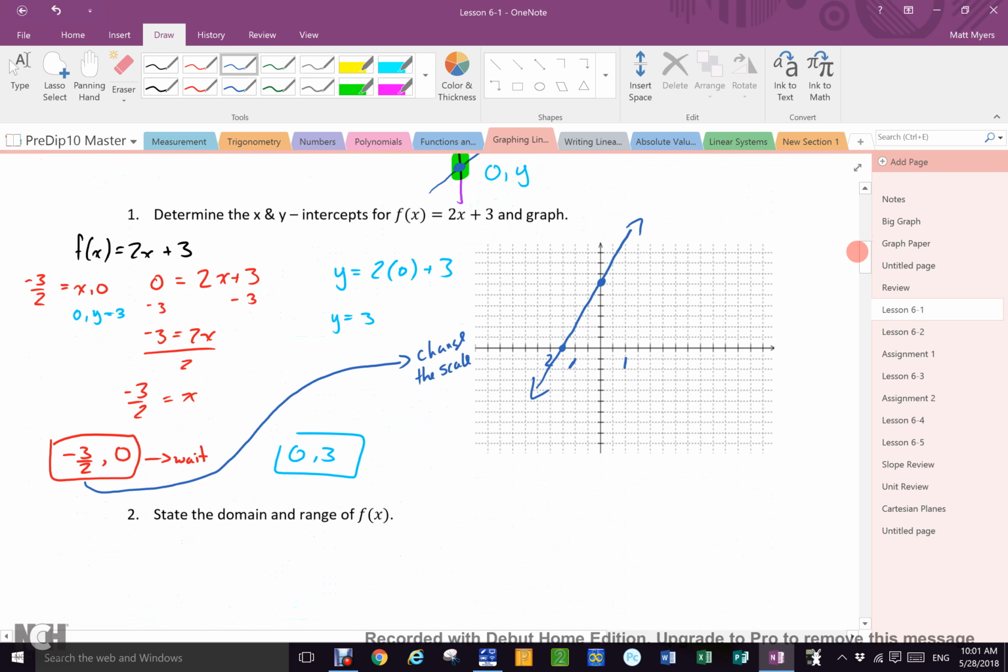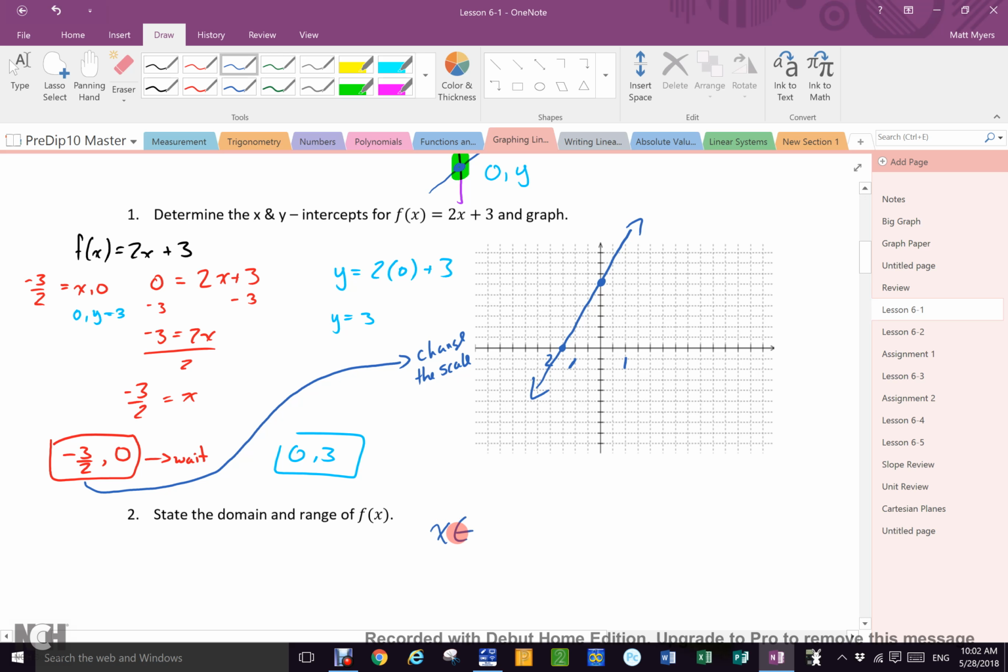How far will it go in the x direction and the y direction? It goes on forever. In which direction? Every direction. So what is the domain?